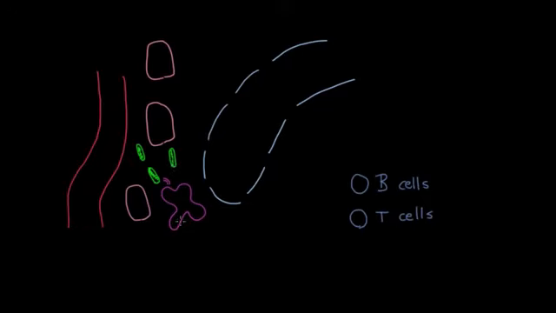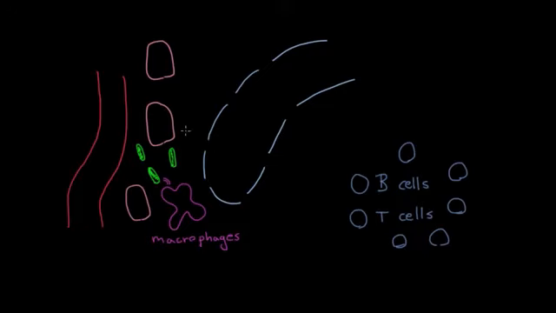So unlike these macrophages, which can fight lots of different kinds of bacteria, these B cells and T cells will react to the specific bacteria and end up having a much more powerful effect against them because of that. They're specially tailored to the invader.